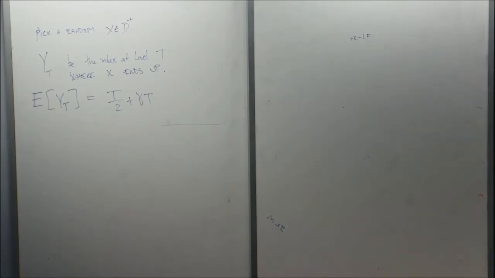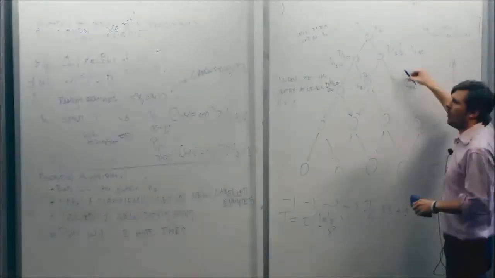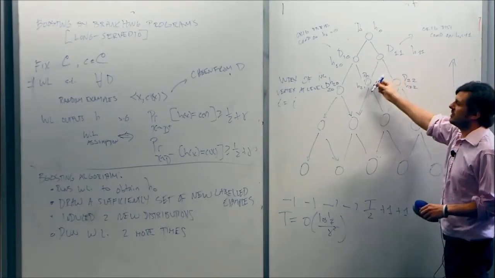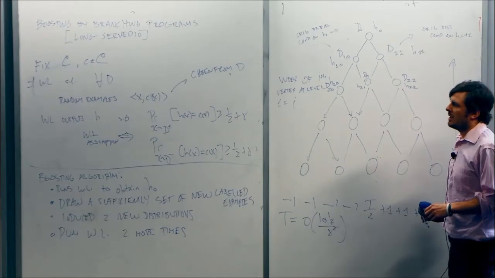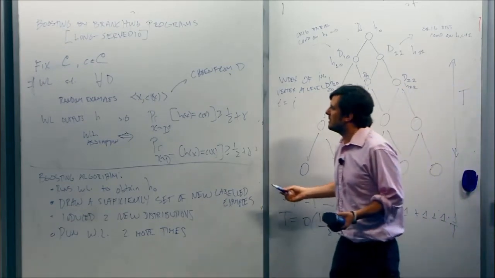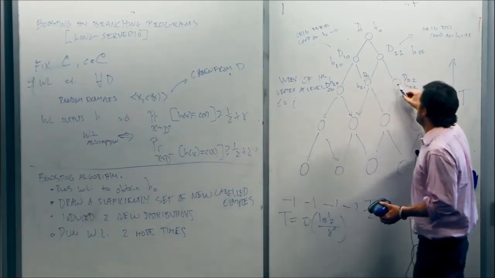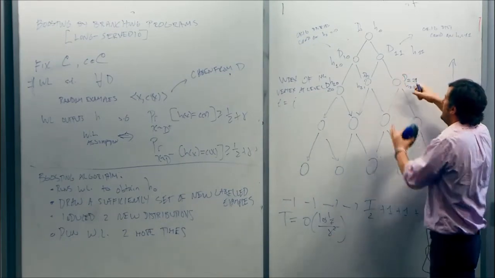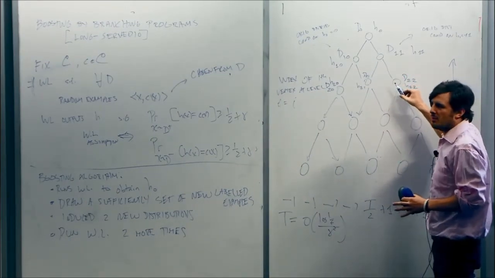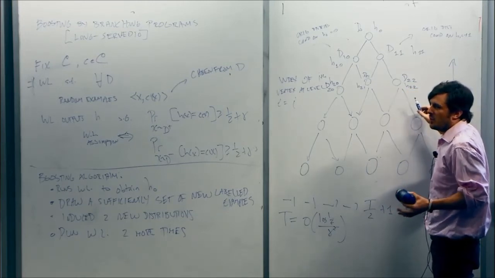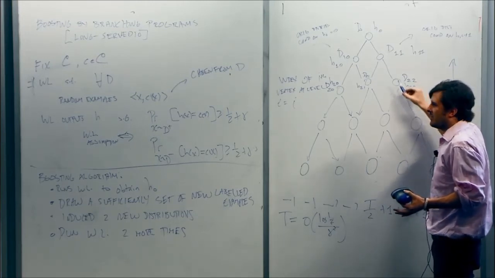You could set up an indicator random variable that at level i is 1 if you move to the right and 0 if you move to the left. And by the weak learning hypothesis, for a random draw from D+, the probability when you just locally look at any one of these nodes in the branching program that you move to the right and you're positive is 1/2 plus gamma, because that's the correct direction.